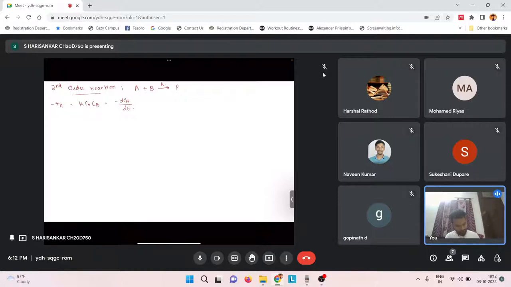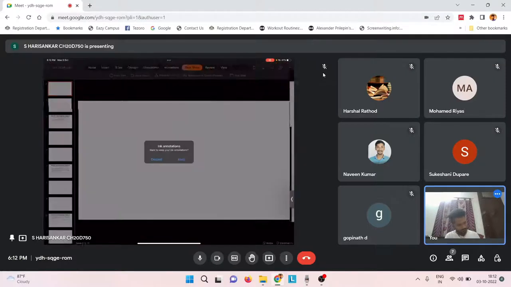So how we can do is, we can write minus dCA by dt is equal to k CA0 into 1 minus XA and CB0 into 1 minus XB. We can actually write this like this: k CA0 square. Okay, wait a minute. This is CB0 into M minus XB. Okay, so there is one error here.